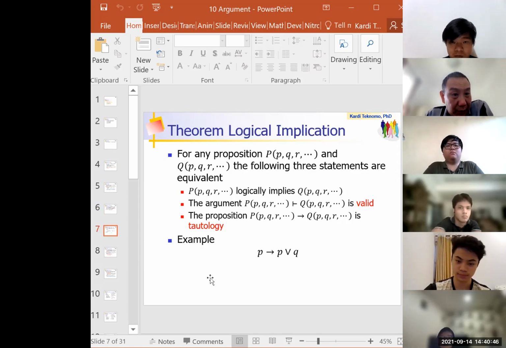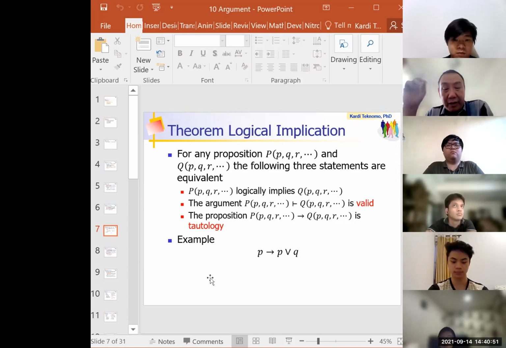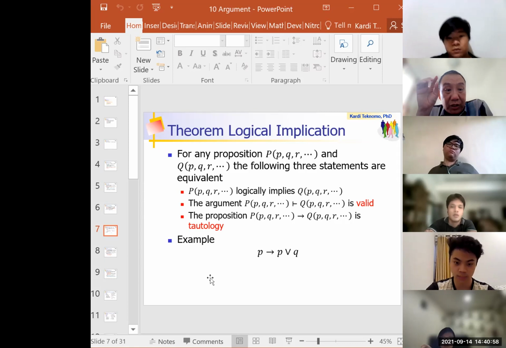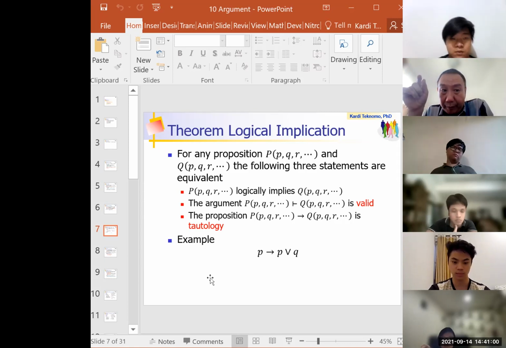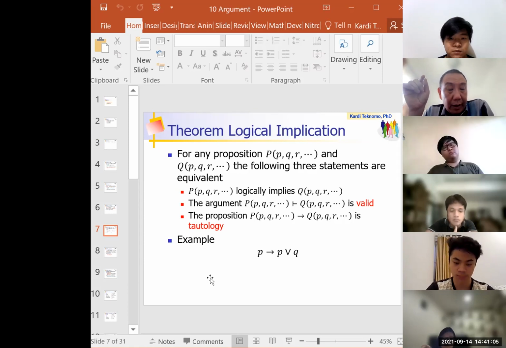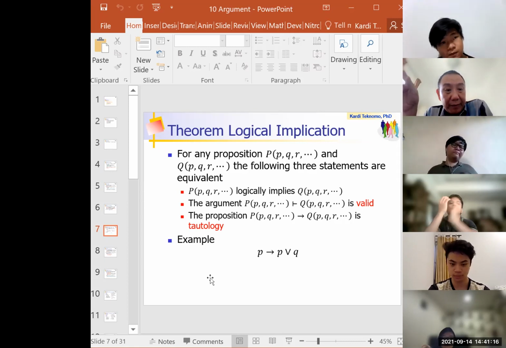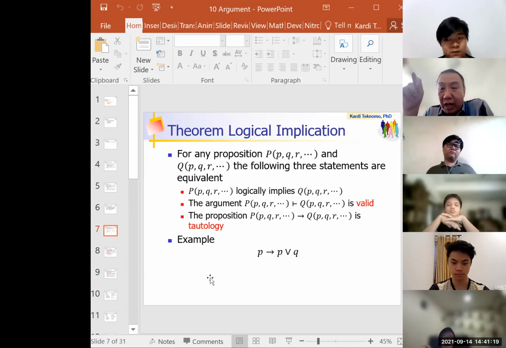I'm not sure should we put this on, but anyway, I will explain again later in the next slide, evaluating argument, but this is like the beginning. So if you have a proposition P, any proposition, and you have another proposition Q, then the following three statements are actually equivalent.